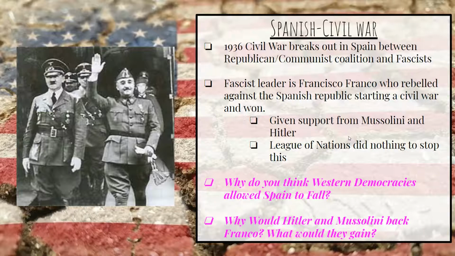And Mussolini and Hitler are like, dude, I like this idea. Let's see if the League of Nations is going to step in. Let's push them to that brink where they have to actually come in and do something. And if they don't do anything, that means we can steamroll over them because they're never going to do anything. So that's that policy of appeasement. They don't have a backbone to try to prevent this from happening.